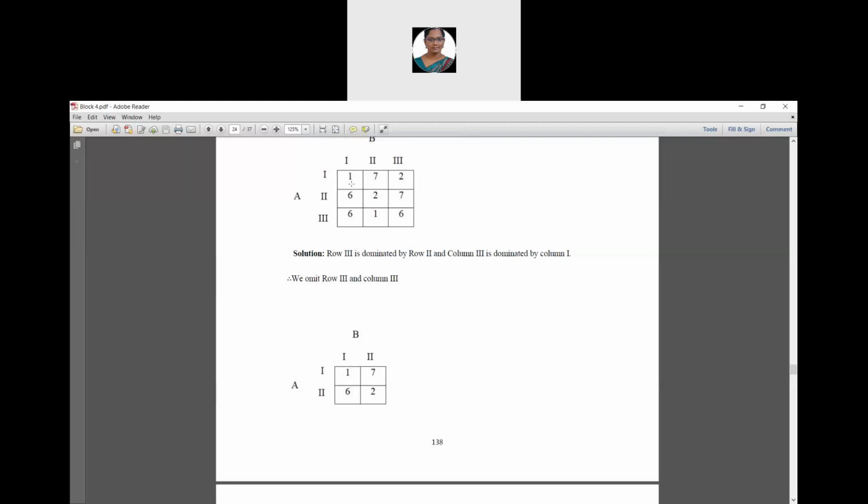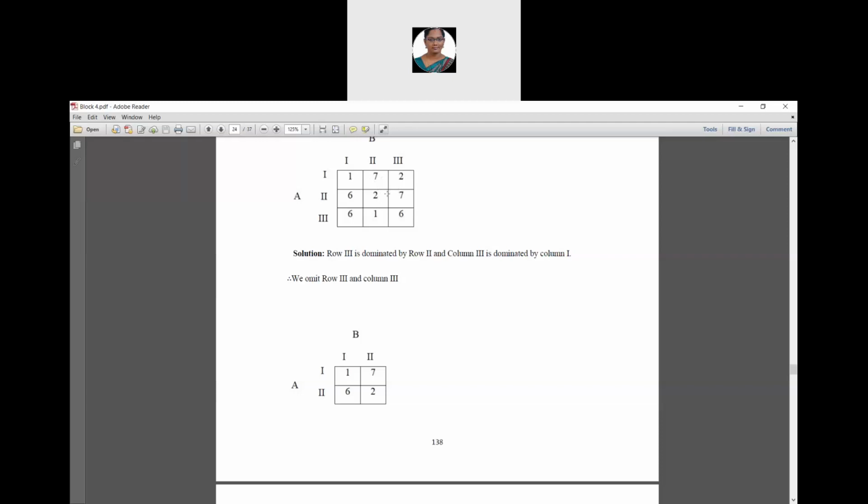We compare the first two elements, 6 and 1: 1 is the smallest element, and it is in the first row. Then 7 and 2: the smallest element is in the second row.